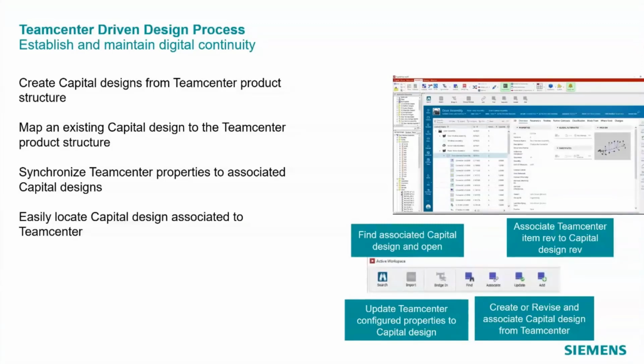So this context-sensitive integration is achieved with additional Capital capabilities added to the embedded active workspace. And this allows users to create new designs in Capital from existing Teamcenter items, or associate an existing Capital design to an existing Teamcenter item. And then after that association is made, push any attribute changes from Teamcenter back onto the Capital design.